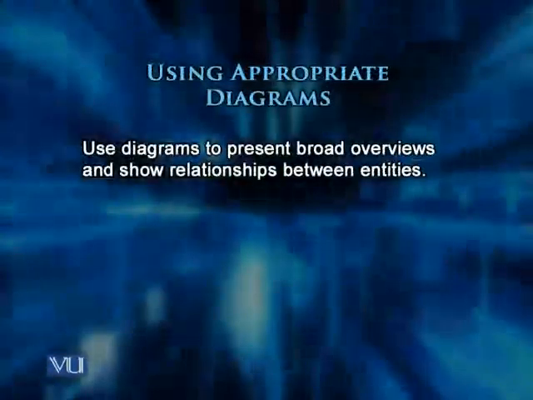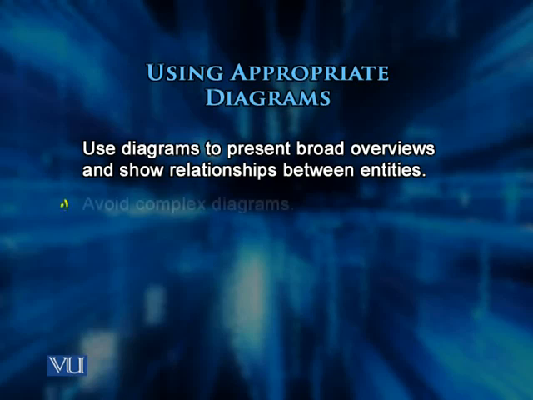Use of diagrams to present broad overviews and show relationships between entities is a good thing. But on the other hand, you should avoid using complex diagrams. Complex diagrams with very small font writings can add more confusion and are not of much use.